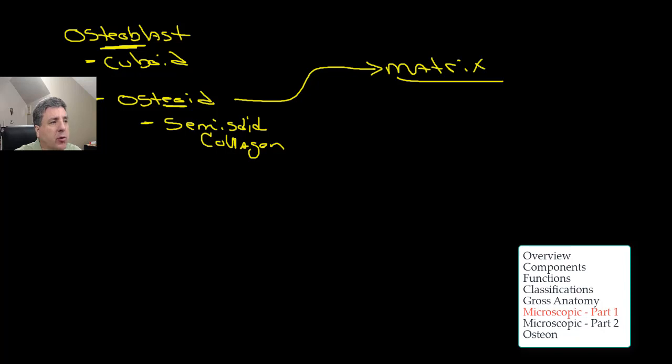That matrix is made up of a semi-solid collagen in this case, and the matrix will harden. It's semi-solid, and then it calcifies when salt crystals are deposited on it.